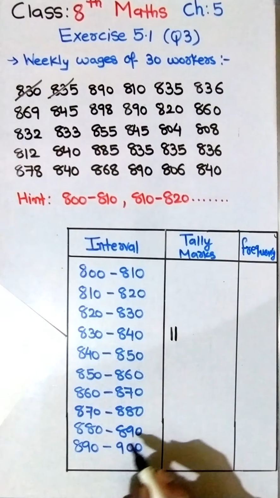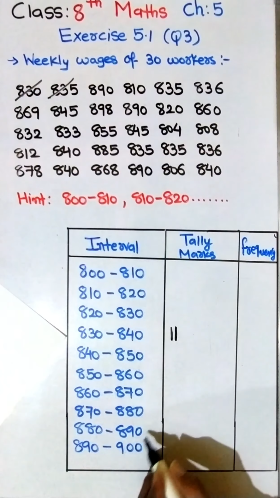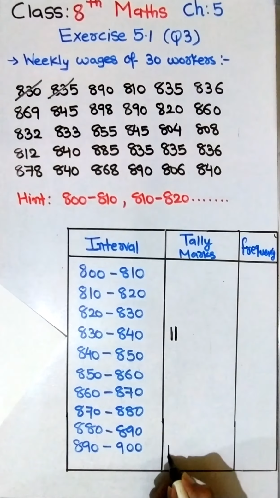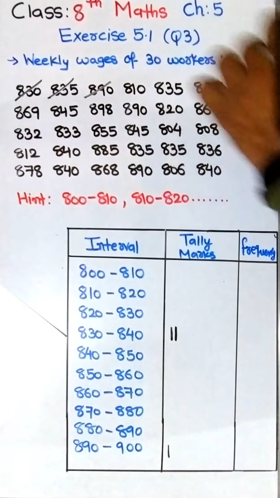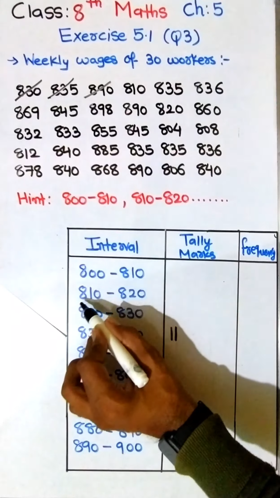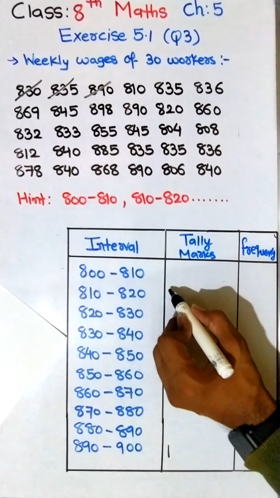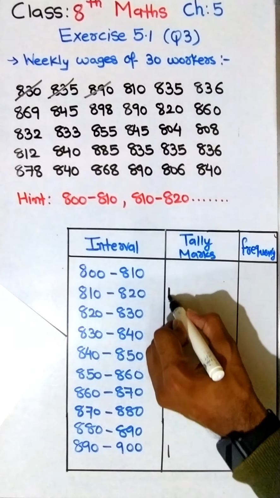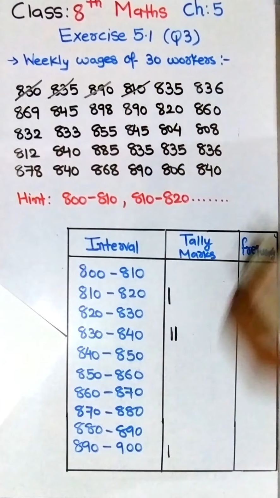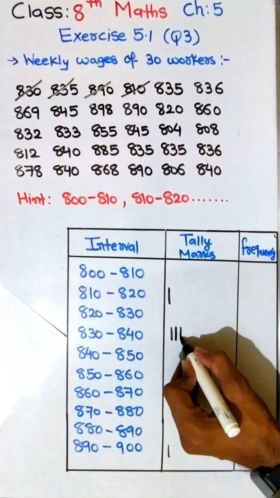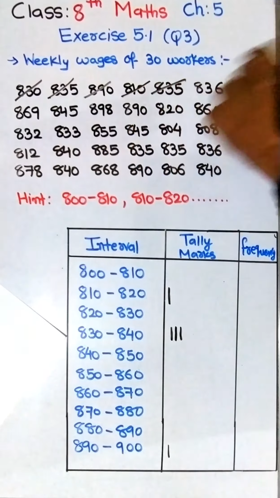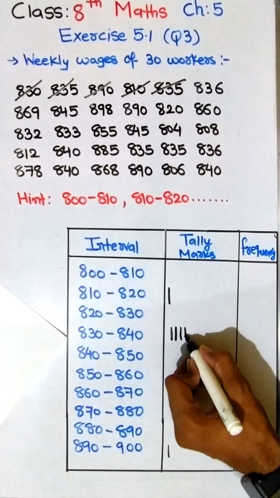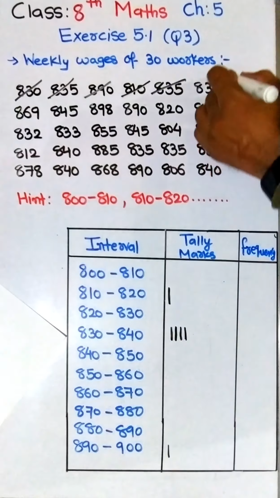890 over here, 890 is common, but as per our rule it will always belong to the higher class, so one line over here. 810 is there and here as well, but higher class, so we will put here a line. 835 comes in this class. 836 also comes in the 830 to 840 class.